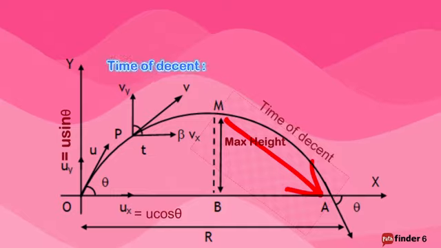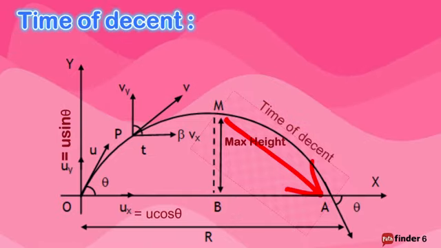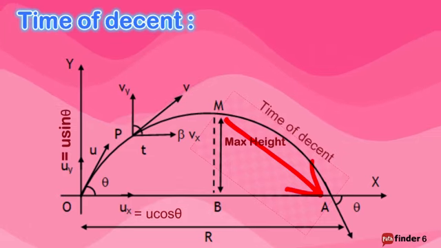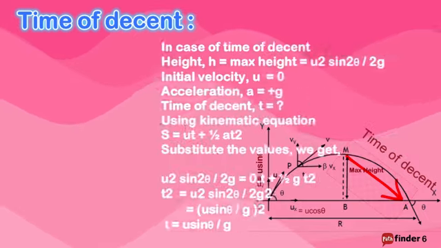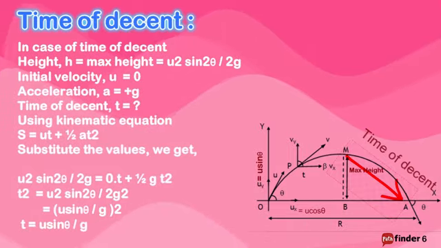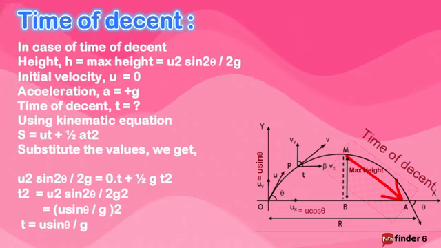Time of descent, see the figure. The time taken from maximum height, point M, to reach the ground is called time of descent. In case of time of descent, the body starts from highest point M. So height h is equal to maximum height is equal to u square sine square theta by 2g.